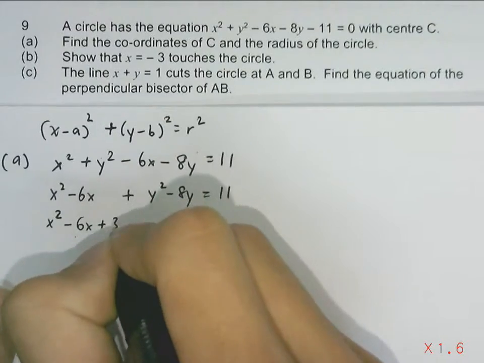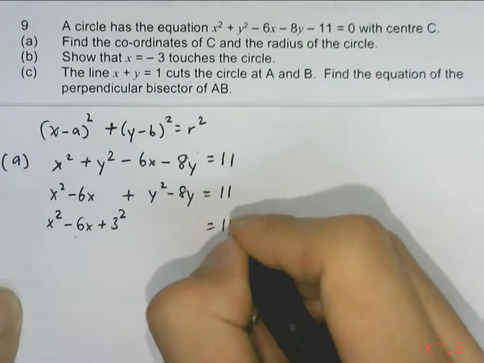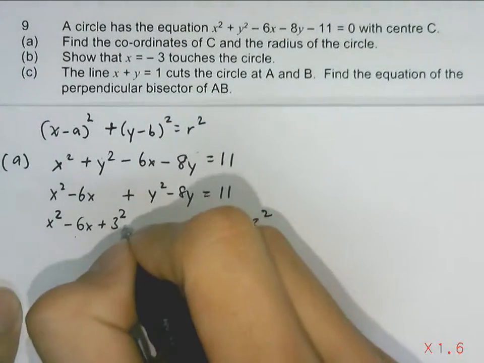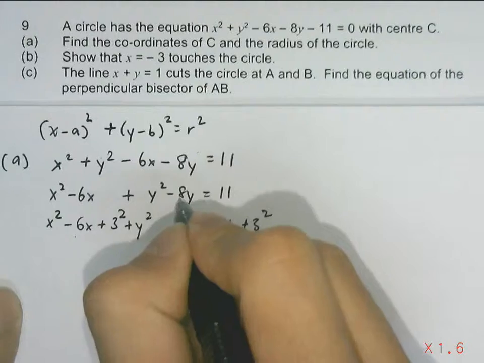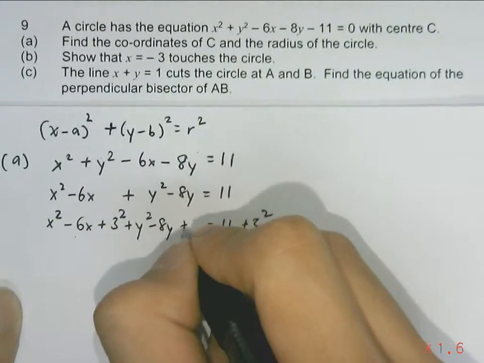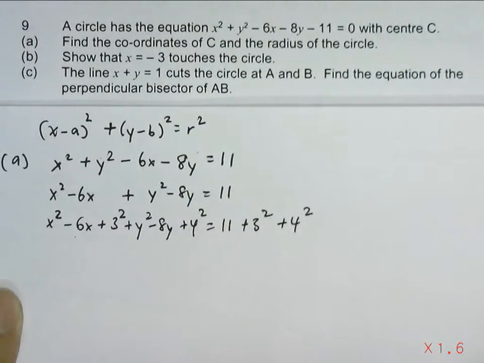So we need a 3 squared. Since we introduced this on the left side, we have to write 3 squared on the right side as well. Similarly, for 8y, half of 8 is 4, so we need a 4 squared, and we add 4 squared on the other side as well.